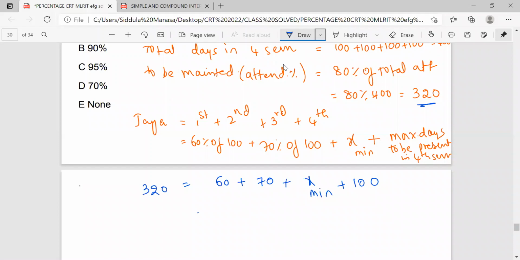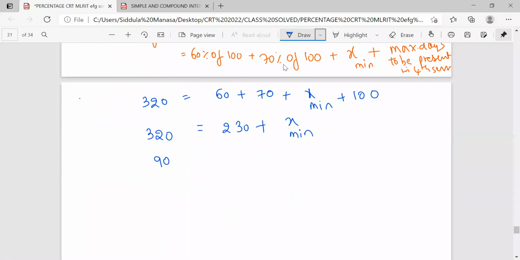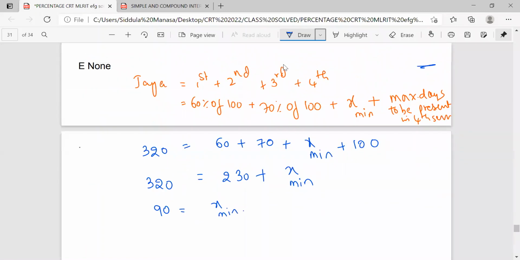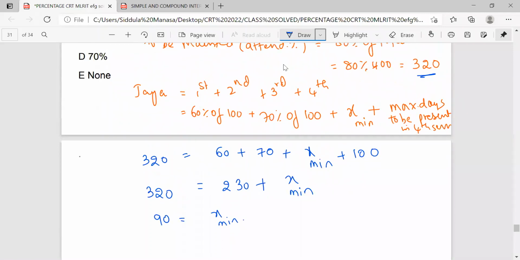320. So 60 plus 70, that will be 130 plus 100, 230 plus minimum number of attendance days required in the third semester equals 320. So that will be equal to 90 is equal to X minimum. So here in terms of percentage, 90 percentage.